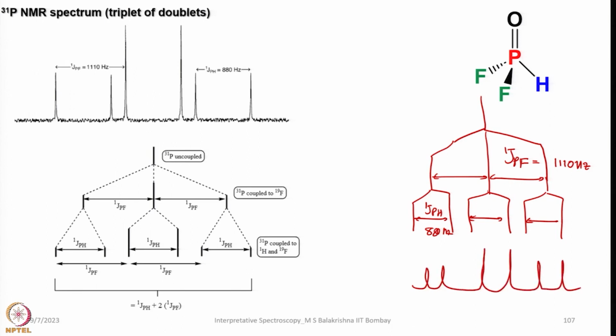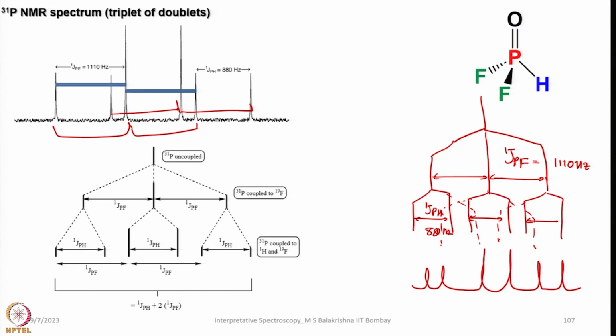If you just see, there is a little bit of overlapping for this one, and these two are one, and for this one a little bit of overlapping is there, because the difference is much less here. As a result, a little bit comes here and a little bit comes here, and the same thing here. As a result, the spacing does not look uniform. So, now it appears like this. But still we should be able to interpret the data to understand the splitting pattern.